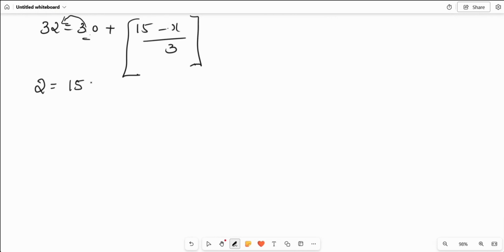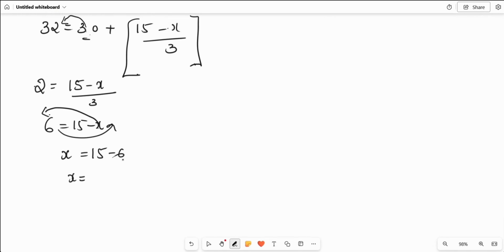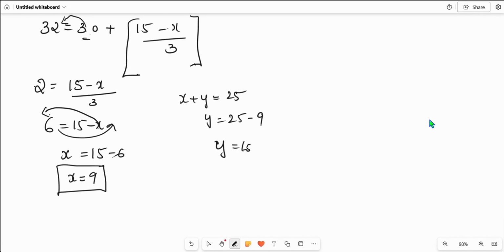Okay, so that is equal to 15 minus x by 3. 3 into 2 is 6. Is 15 minus x. Now minus x shift to here, 6 to the other side. So minus x will become plus x. That is 15 minus 6. So x will be equal to 9. Now x plus y, it is 25. So y is equal to 25 minus 9. Y is equal to 16.